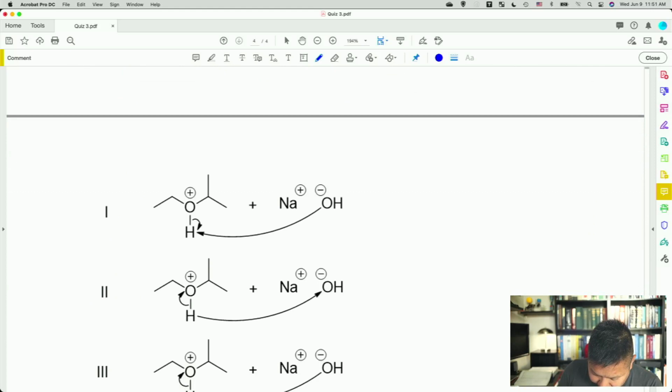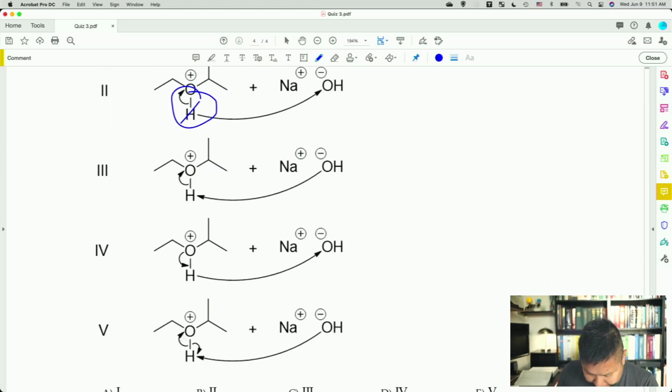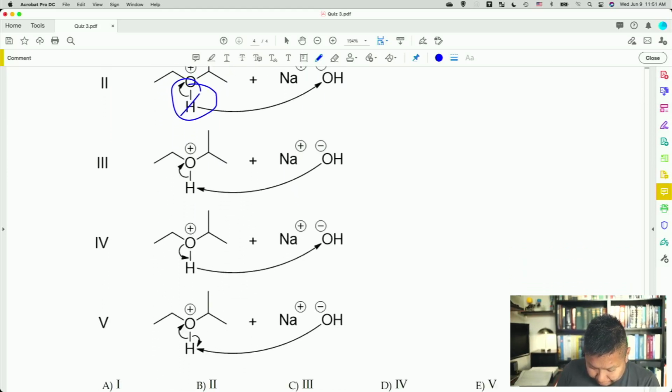Definitely can't be that one, because you can't have two electrons going to each other. Can't have that one either, because they have two electrons going away from each other there. So those are both wrong. I'll skip that one. Can't be this one because you have a positively charged oxygen with a single lone pair trying to form a double bond with a hydrogen.